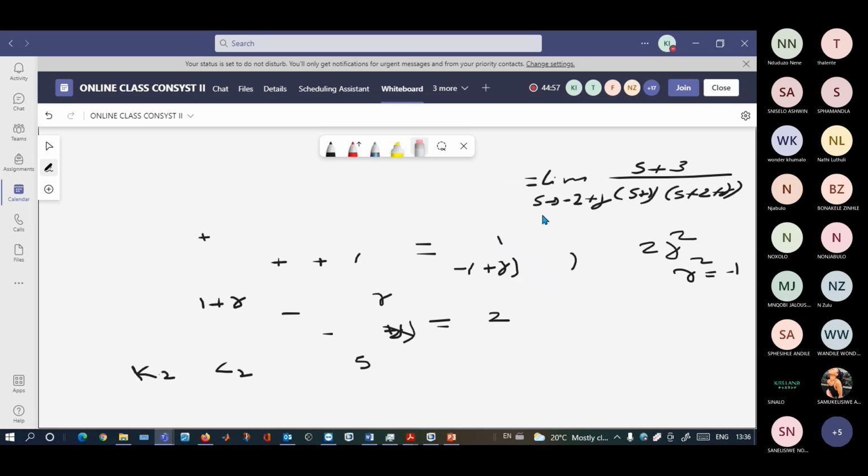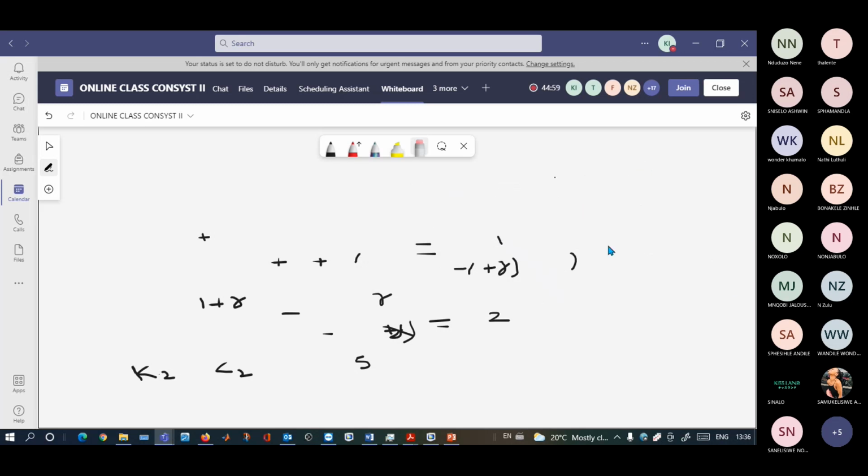So we have the value of K1, K2, and K3. So now let us try to solve our problem.